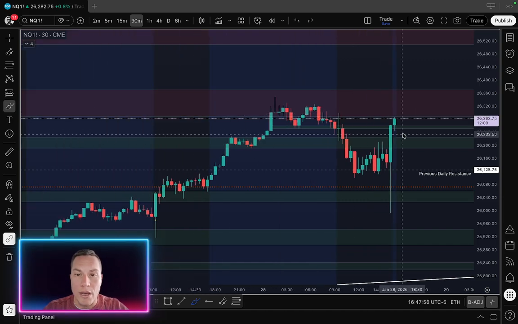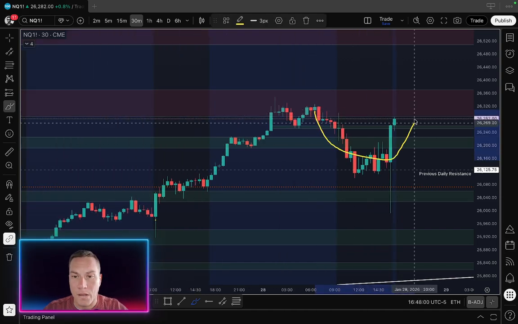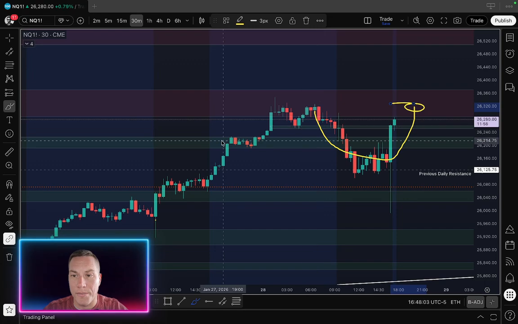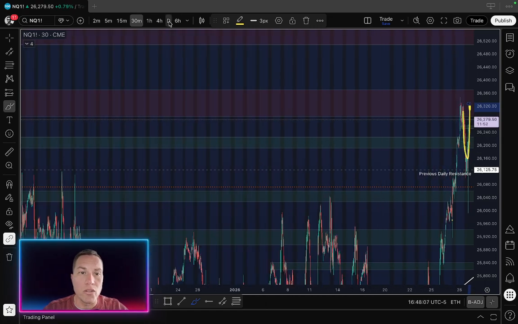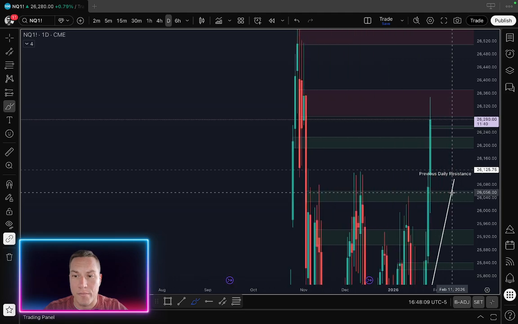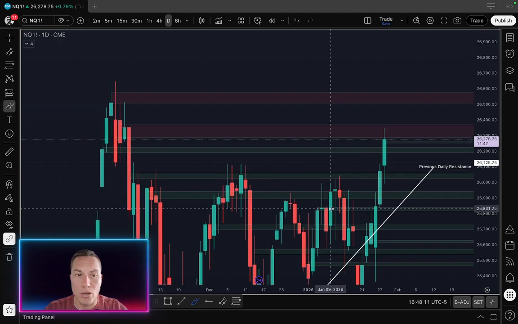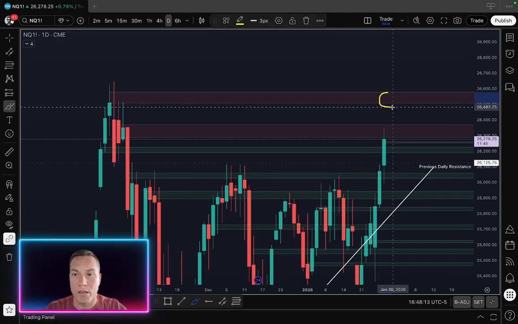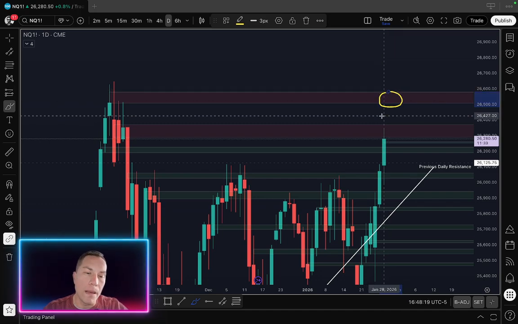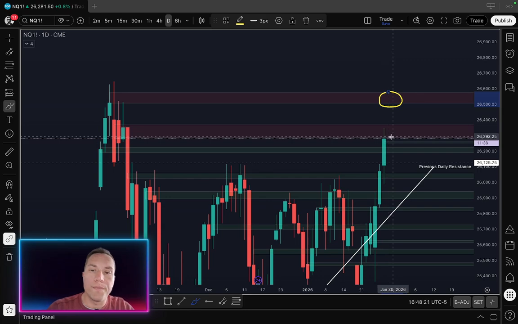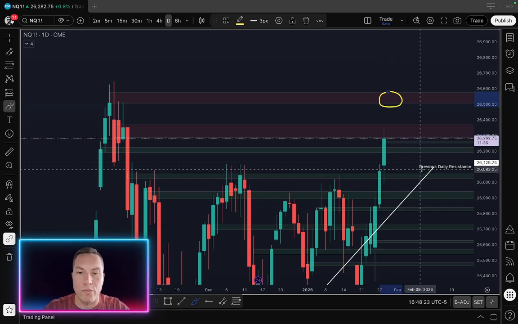You have a cup play here that will probably move up to around 320 shortly. But then on the higher time frame, we have an even larger cup way up here, around 580, 600. I'm not saying that we're going to get that move tomorrow, but I do think we will get that move up.